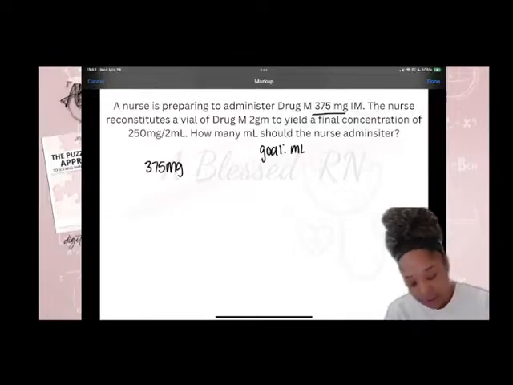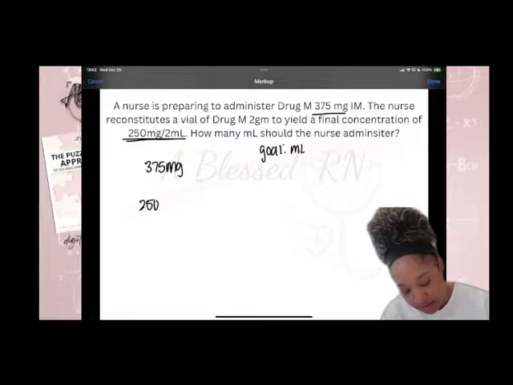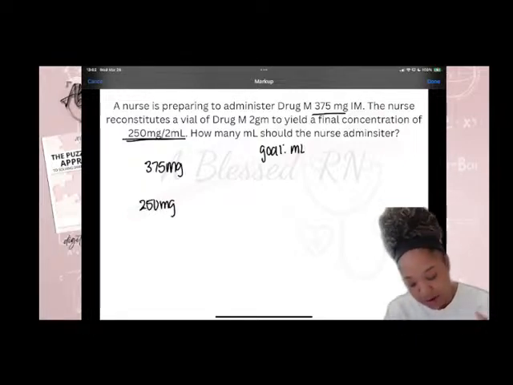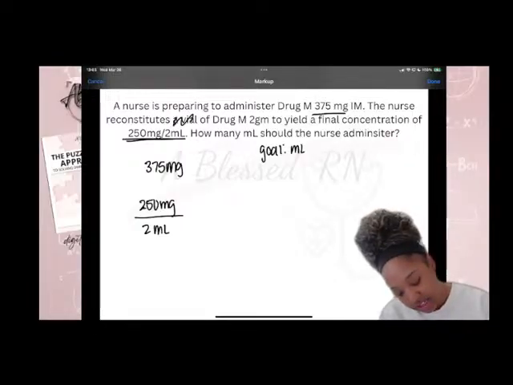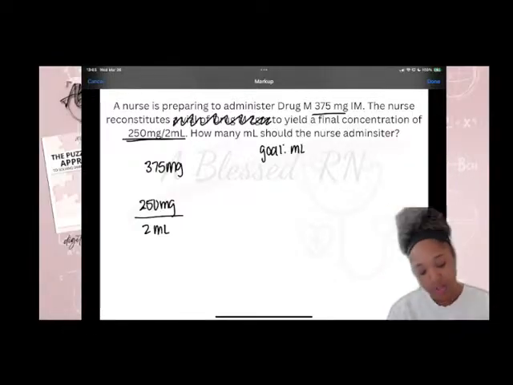This right here is what we need, because after you have added however much liquid to it, this is what you're gonna get. That is your medicine that's available after you have reconstituted it. So just because it says a vial of, don't care, doesn't matter. Concentrate on the concentration.